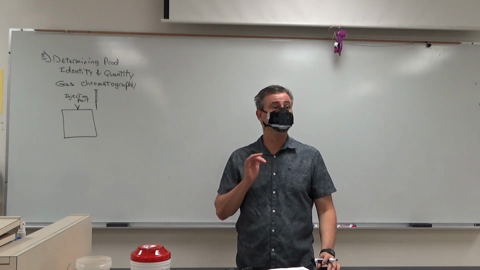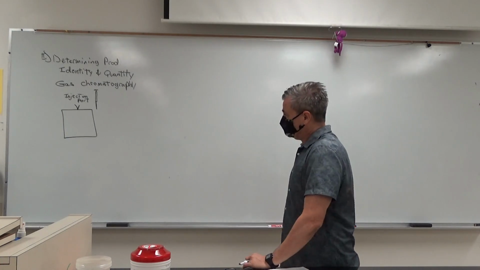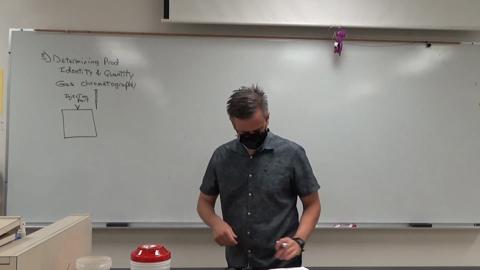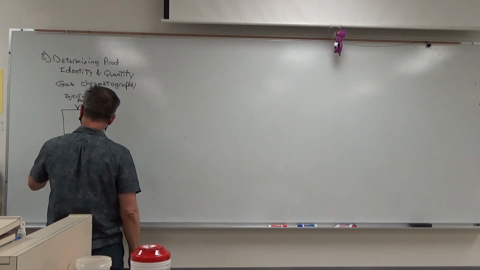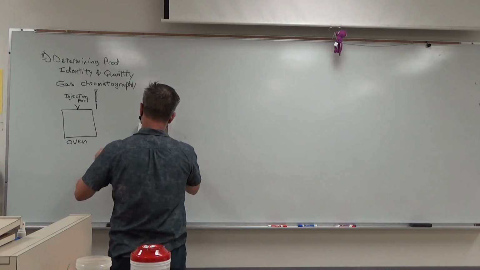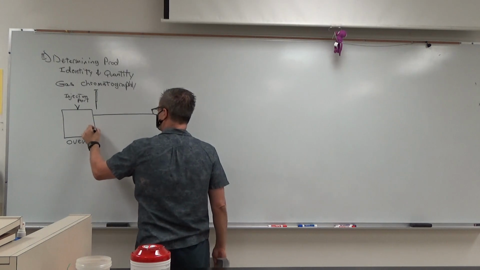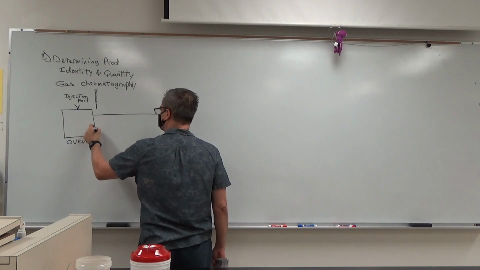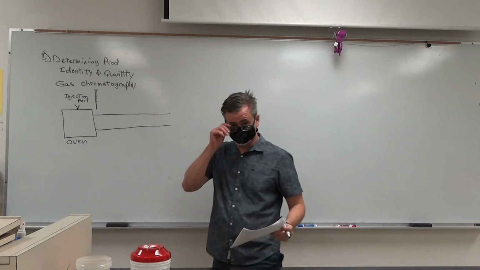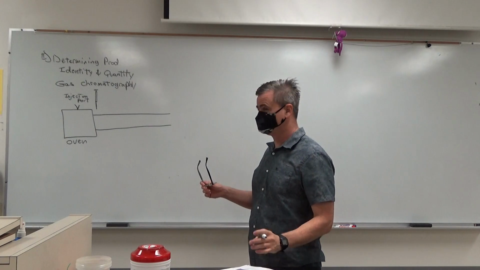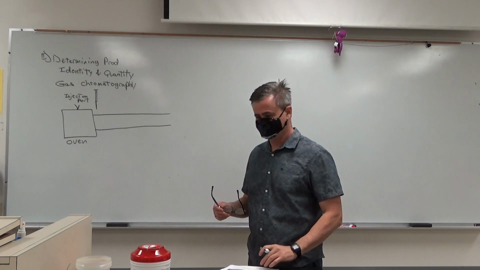It's just sort of amazing how sensitive something like a GCMS is. And you'll inject it in here. I'm going to say this is in an oven. And then I'm going to draw what's known as the column. In truth, the column is actually within the oven as well, but I'm drawing this huge blow-up so I can show you how it works.